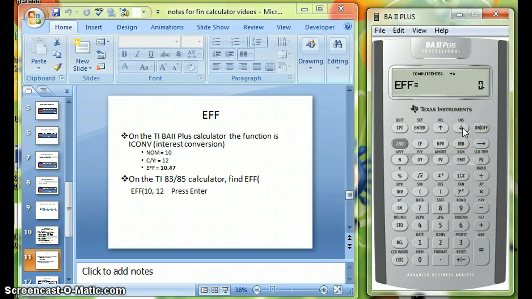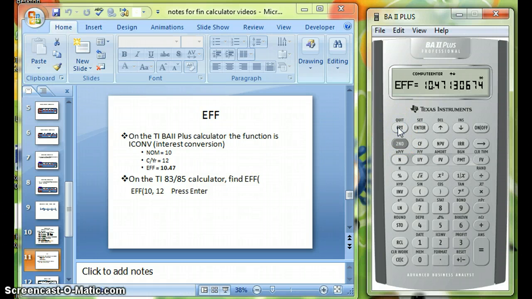At this point, just leave it and go down one more time. Compounding times in a year, we have 12 times in a year for monthly compounding. Okay, enter. And now we go back to the EFF. Don't forget compute.